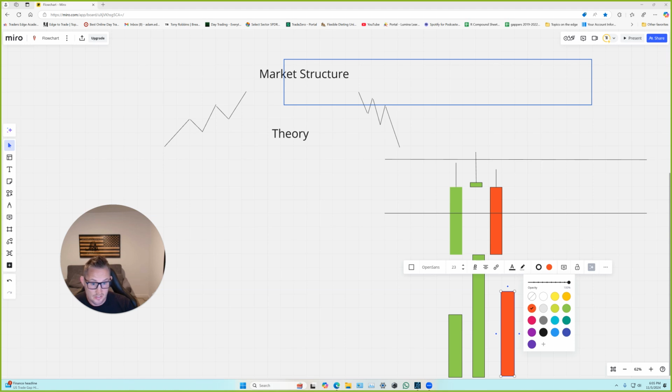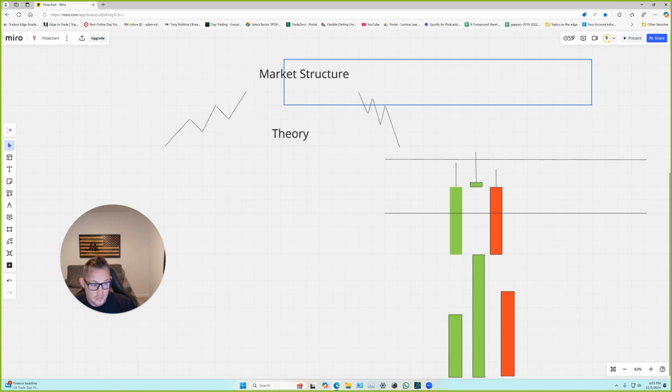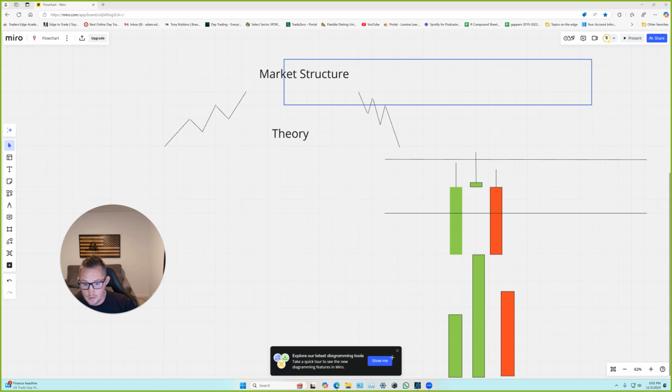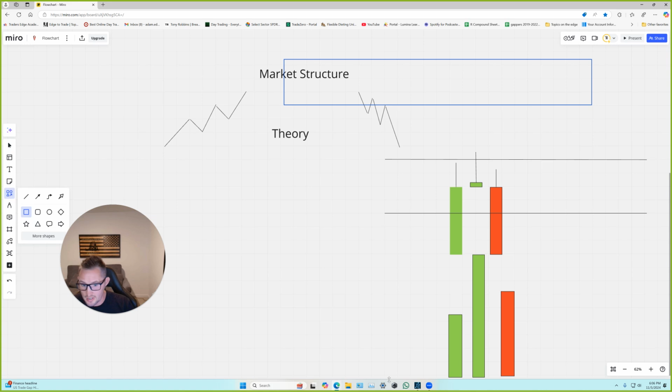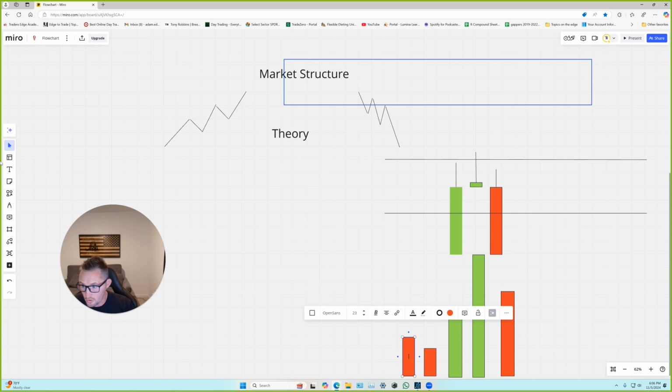The reason I like this is because when I start seeing big volume, I want to add a little more context. Imagine the candle before, it really doesn't matter, say it's trading okay volume.